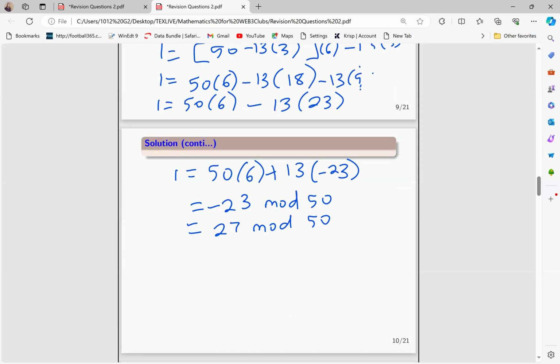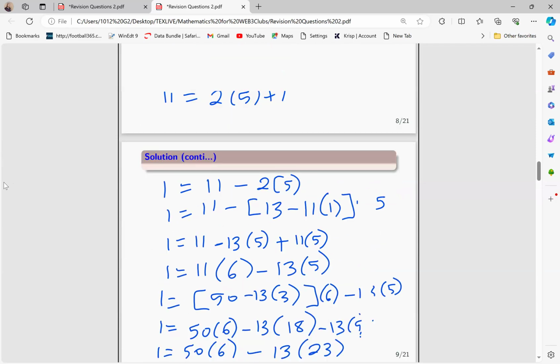That's the inverse of 13 mod 50, 27. Yeah, okay, so the inverse is 27.